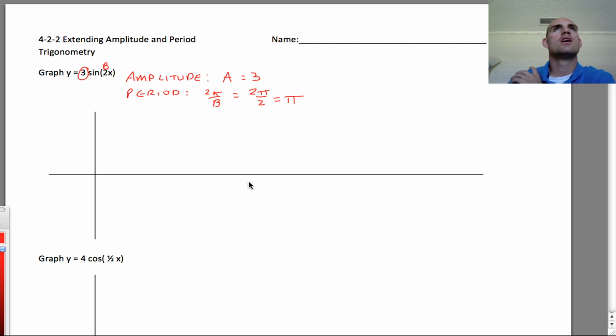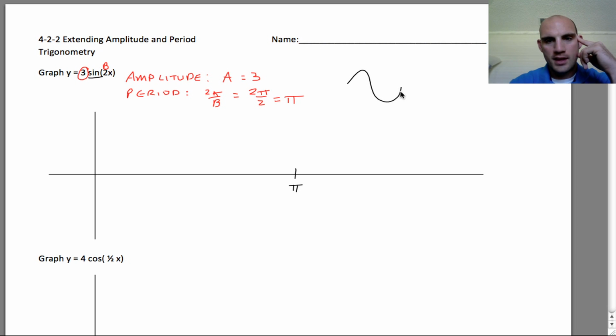Now, what I wanted to get you to understand in that last video was that when we talk about our graph itself, our values are what is important. If we know that our period is pi, we're only going to graph one cycle, going to pi. The last example that I did in the previous video showed us an easy way to do this, because we know that the sine graph follows an S shape.